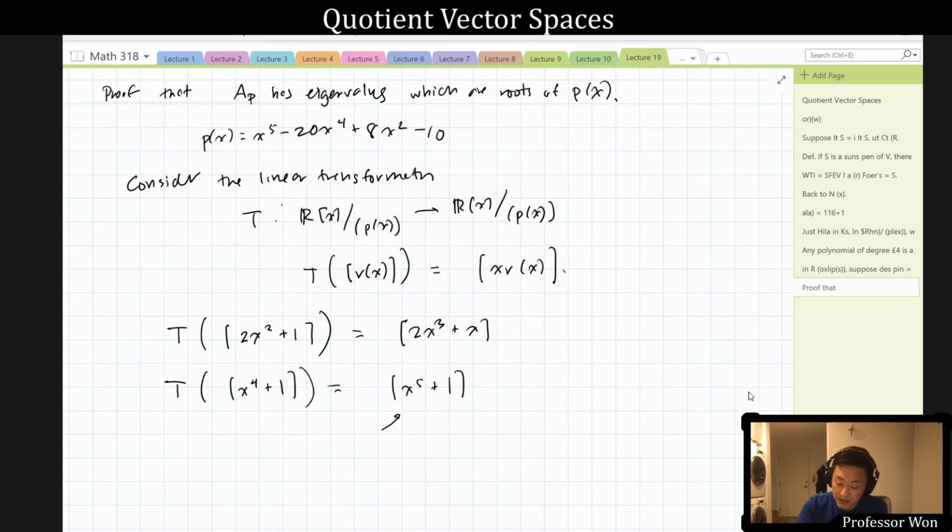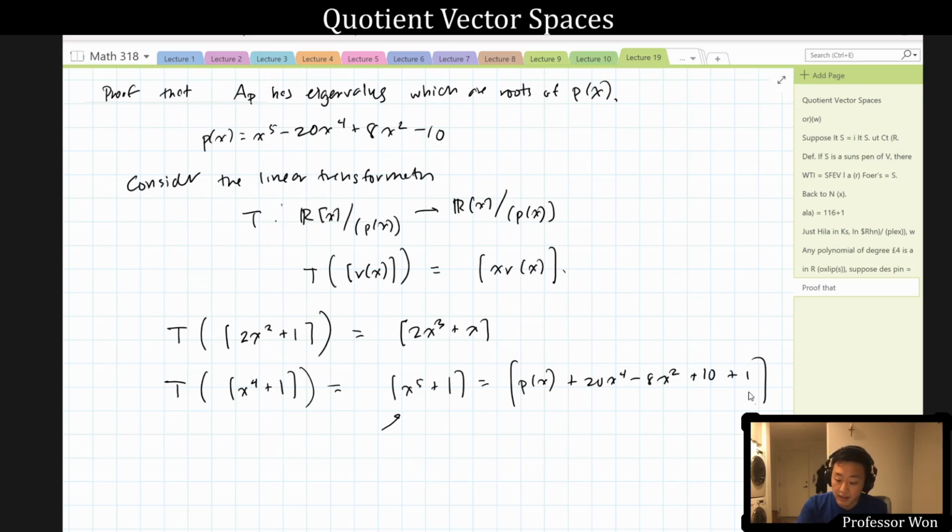And the point is that x to the 5th plus 1 is equal to p of x plus 20x to the 4th minus 8x squared plus 10 plus 1. Right, that's exactly what x to the 5th plus 1 is. If you look at p of x and you add that thing, then you'll get x to the 5th plus 1.